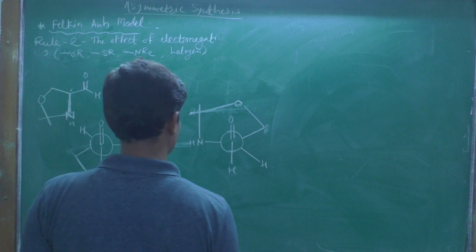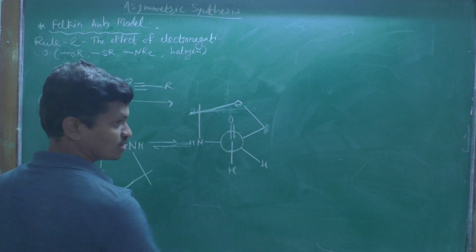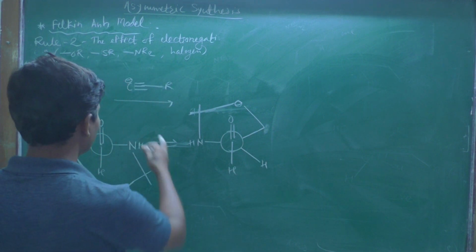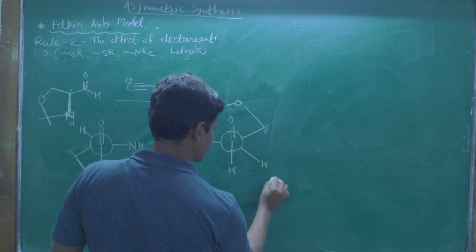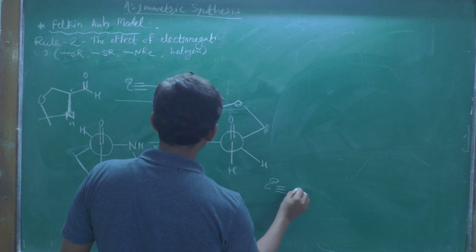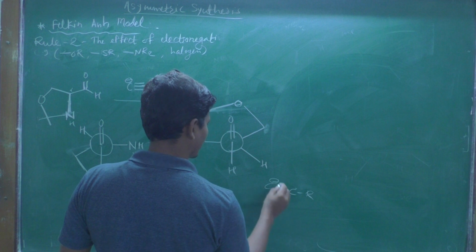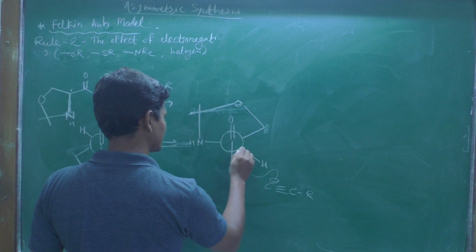Now between this hydrogen and this hydrogen there is no steric hindrance, so our nucleophile, that is C triple bond CR, can attack from this side.